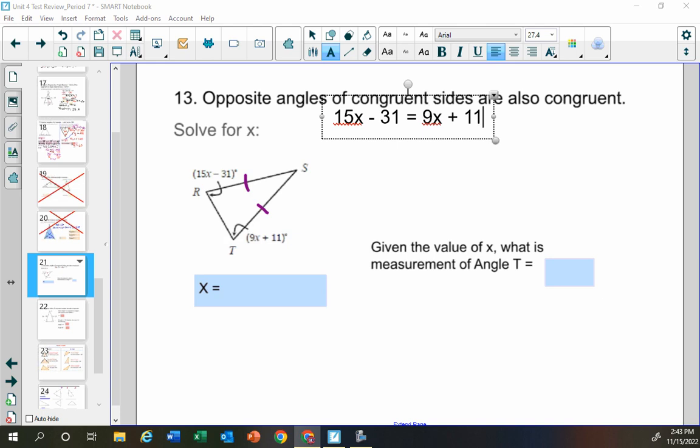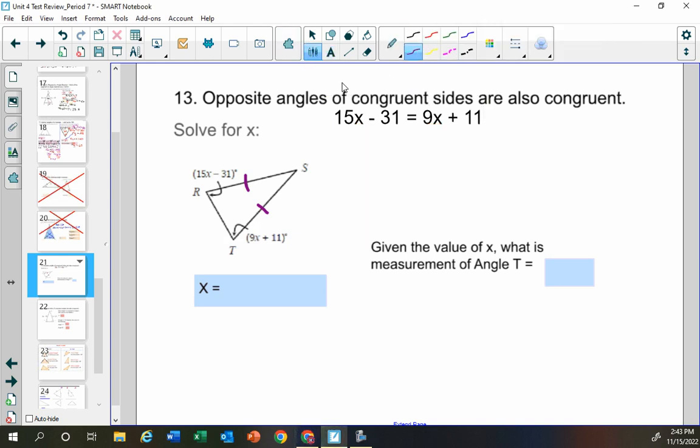Okay, you got that one right, Grace, the top one. Okay, here's what I've seen. What did we get for X? For number 13, you got 7. And then the angle T, 9 times 7 plus 11.